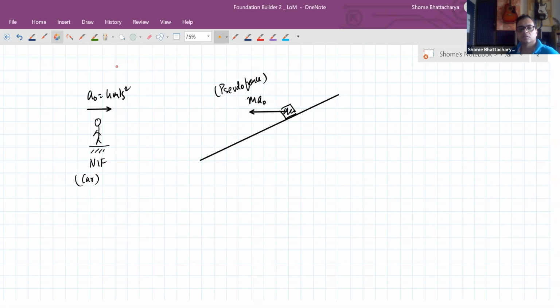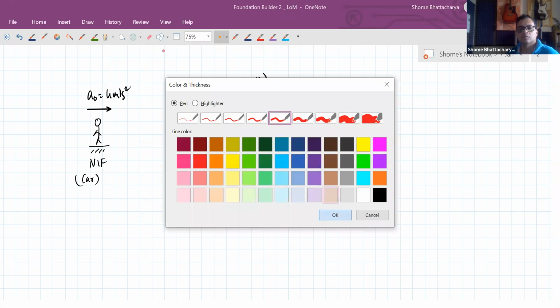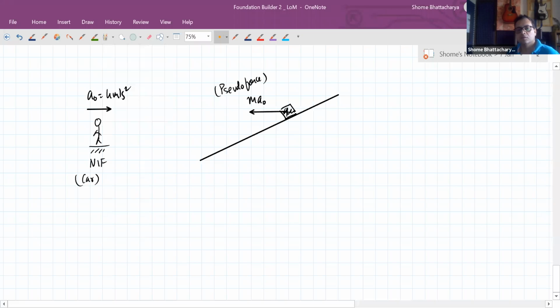Whereas gravitational force will be vertically downwards, and normal reaction will be perpendicular to the inclined plane.